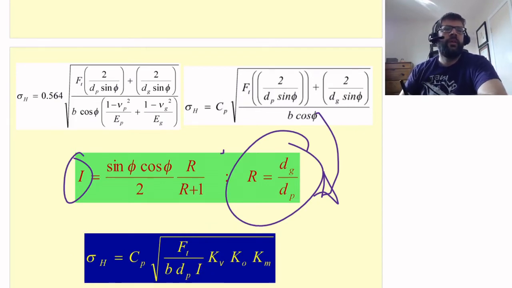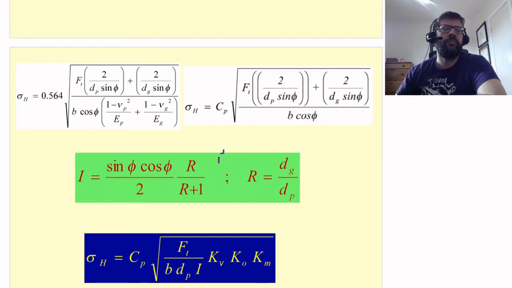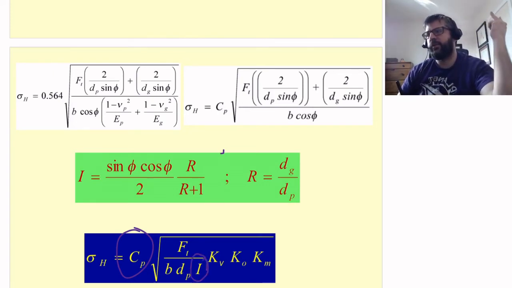So a relatively complicated formula got a bit less complicated by making a few intermediate calculations. Again, we've got our CP, which is a function of the materials. We've got our I here, which is a function of the pressure angle and the gear ratio.